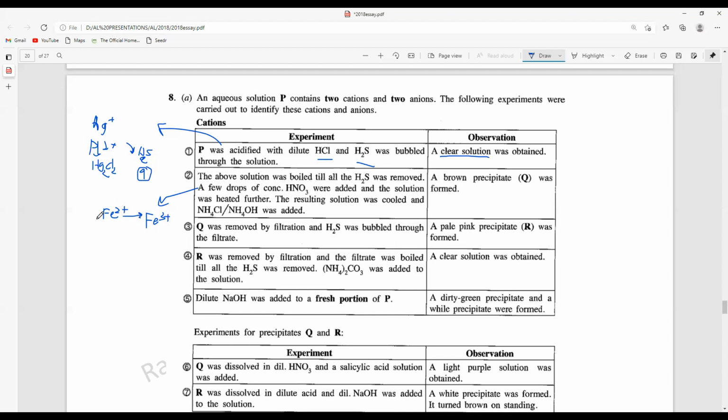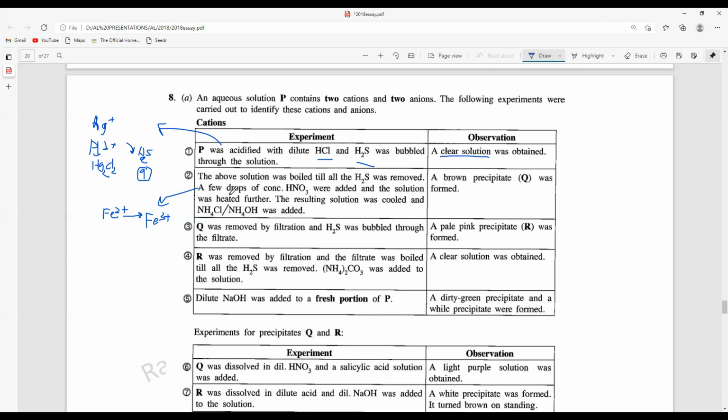But don't forget, if Fe2+ has enough concentration, when you add H2S, there is still a possibility this Fe2+ gets precipitated. Okay, but this is not compulsory. Here it gives a clear solution, because if there is Fe2+ in this solution as one of the cations, the concentration of Fe2+ might not be enough to exceed the Ksp of FeS in the first observation. Okay, so that is one idea.